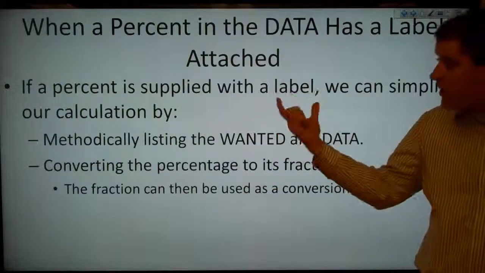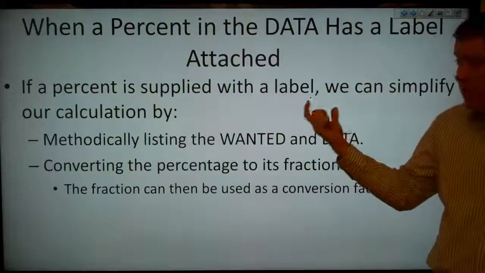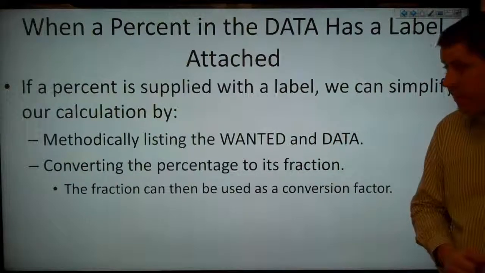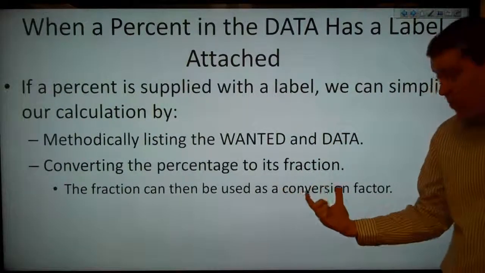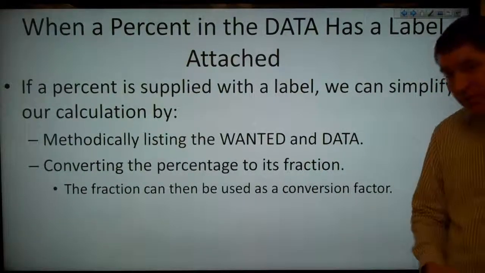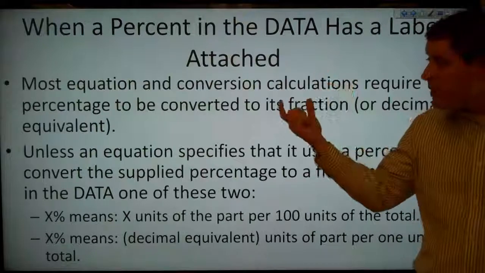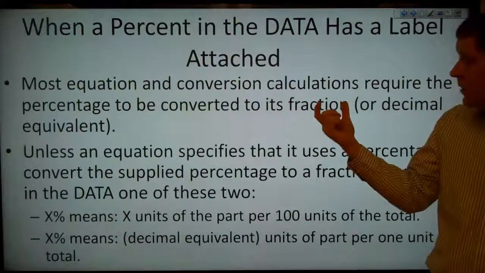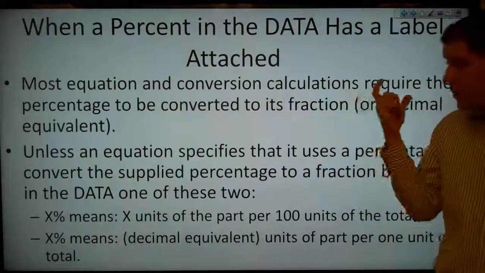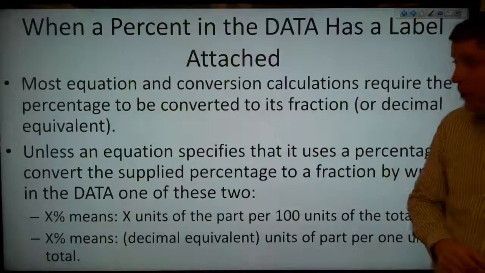So if a percent is supplied with a label, then we can simplify our calculation by methodically listing the wanted and the data, converting the percentage to its fraction, and then that fraction can be used as a conversion factor. So most equations and conversion calculations require the percentage to be converted to its fraction or its decimal equivalent.